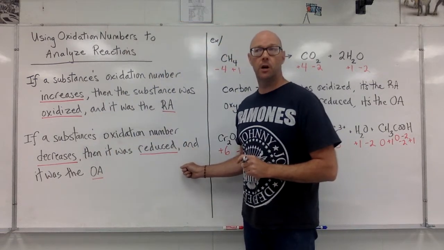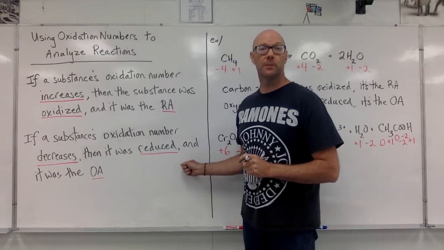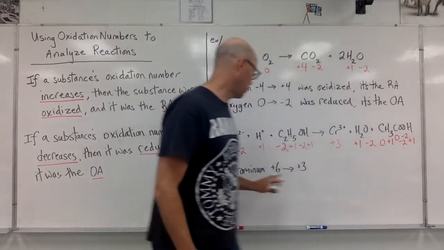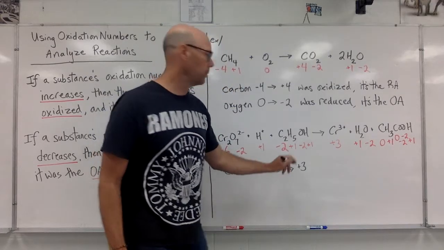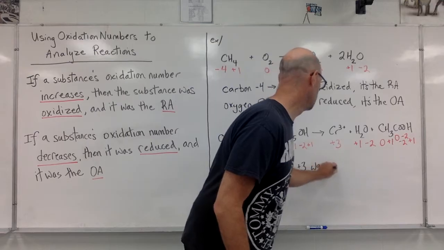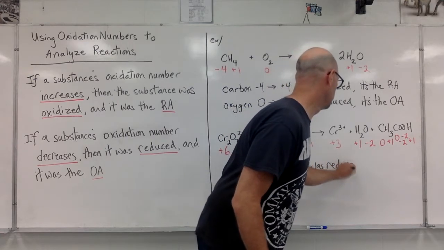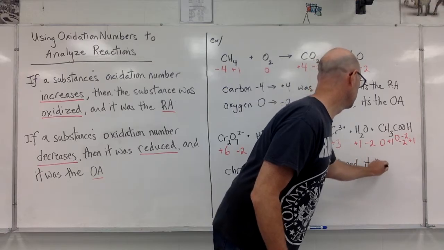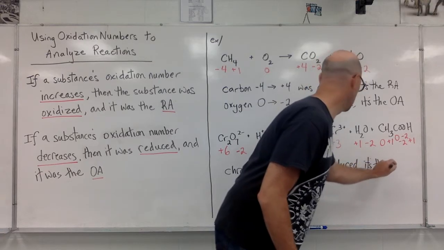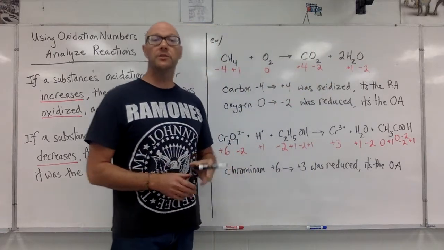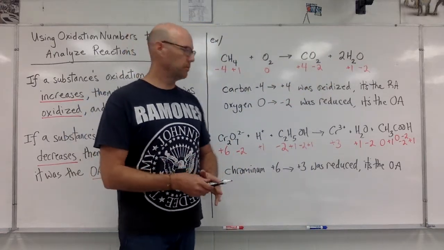A decrease in oxidation number means that the substance was reduced, and it was the oxidizing agent. The chromium, its number went down. So it got reduced. It was the oxidizing agent.